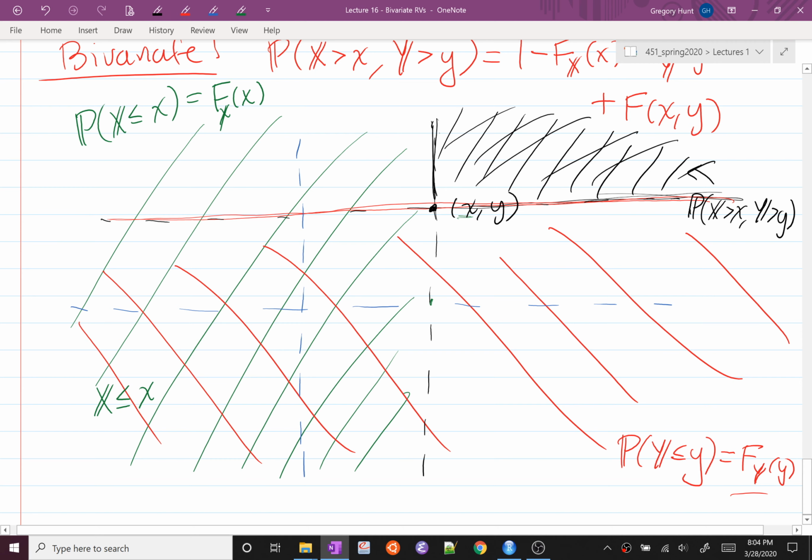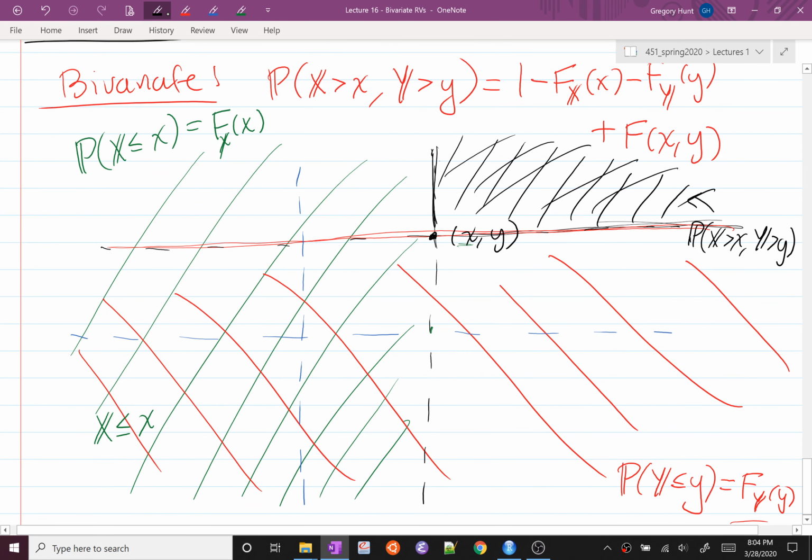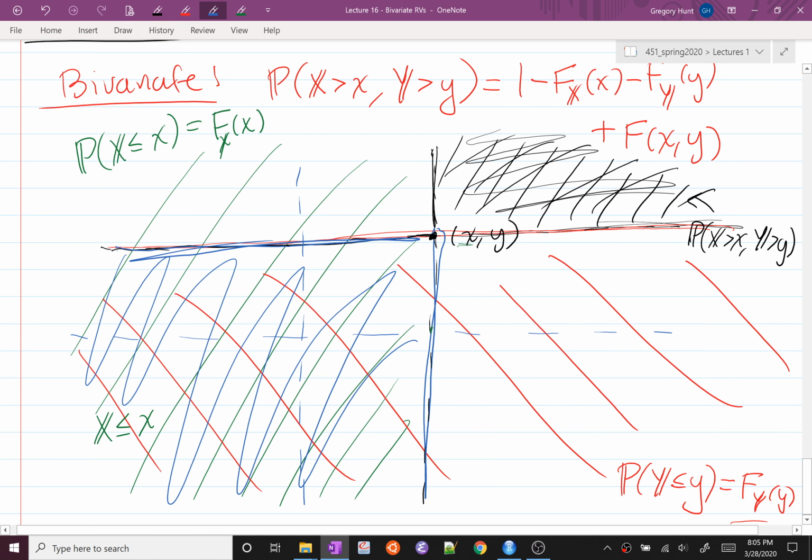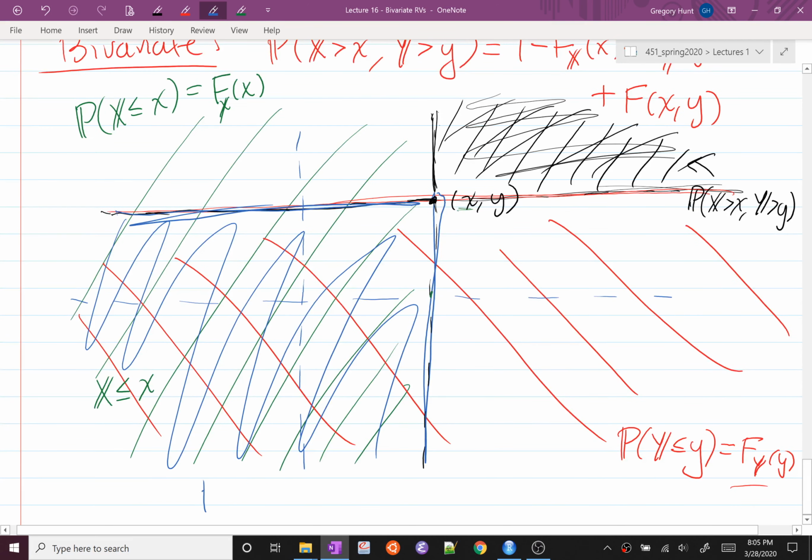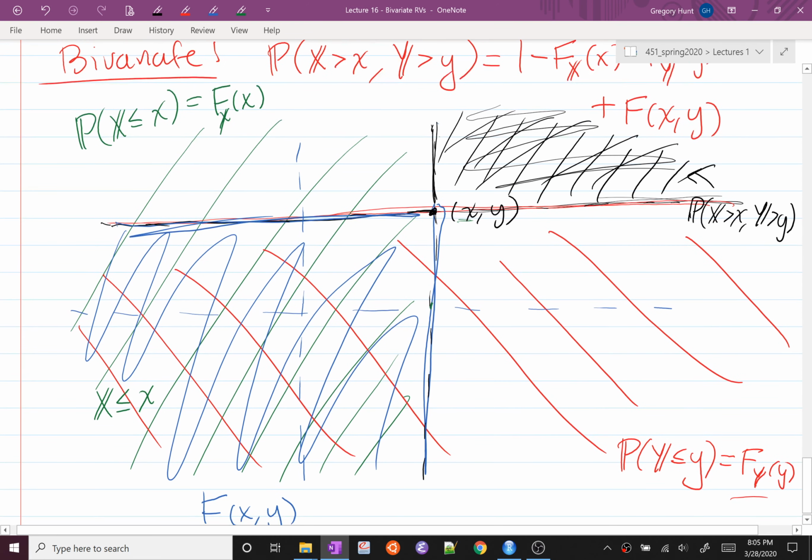And so if I want the area or the probability of the black shaded region here, I know the total area of the whole thing should be 1. I can subtract off the probability of the green, subtract off the probability of the red. Unfortunately, then I've double counted this region here, this square, and that square, as we said above, is the joint CDF.